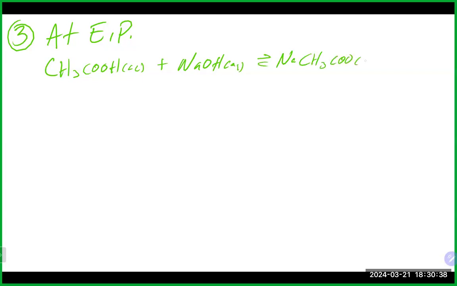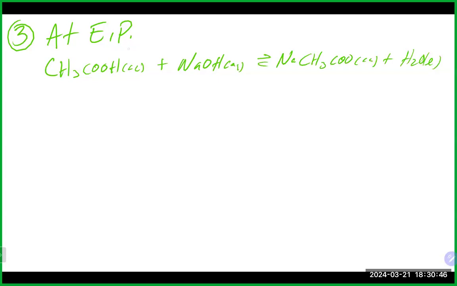Obviously, if we are at the equivalence point, we are still going to have our reaction, in this case, a little acetic acid plus some sodium hydroxide, going to make a little bit of sodium acetate and some water. Sounds good.